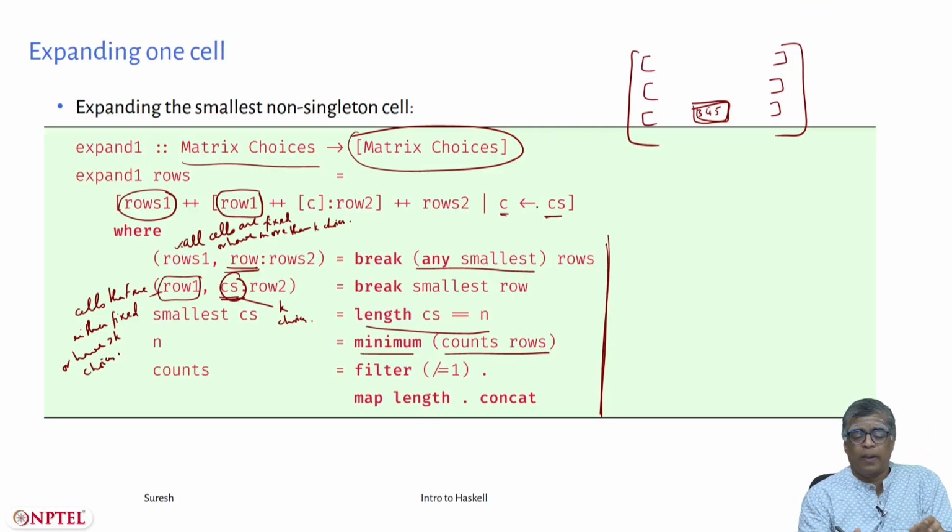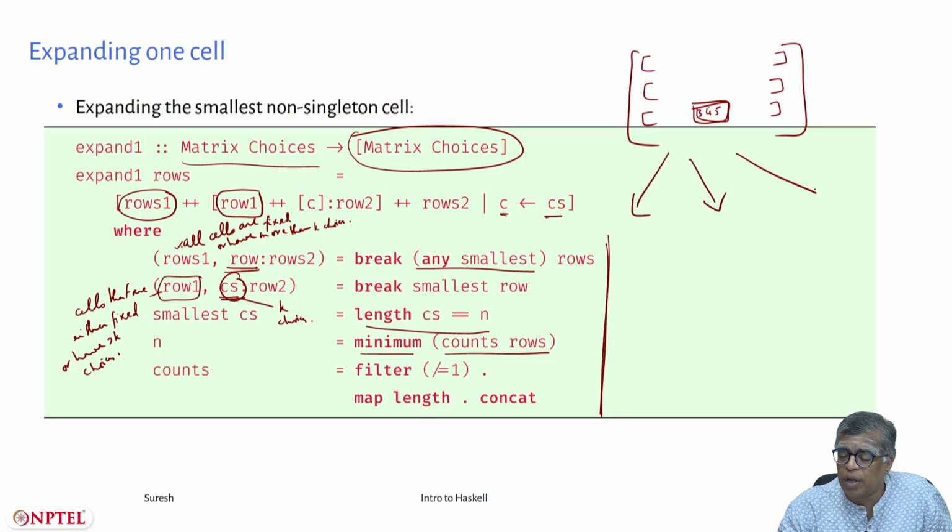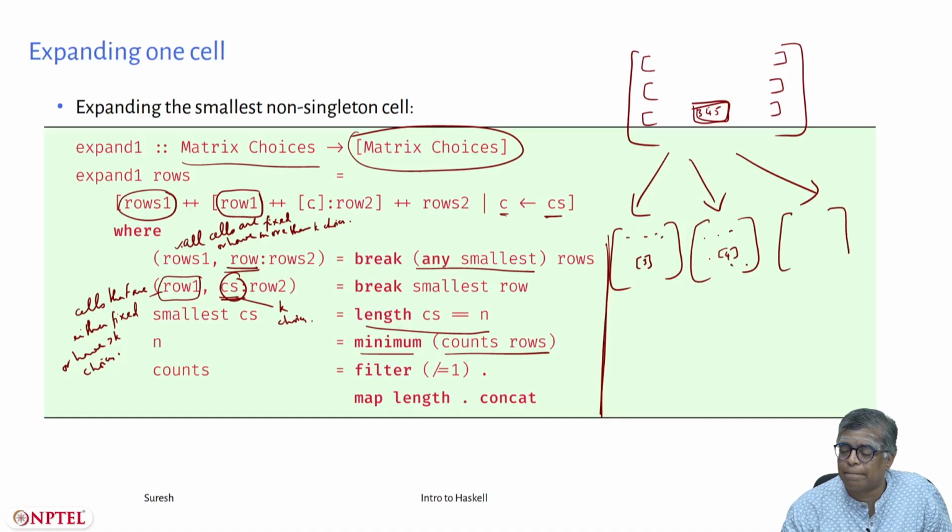And this is a list. So if I had 3, 4, 5, now I will have 3 matrices, where the rest of the things are the same. Here it will be 3, here it will be 4, and so on. So this is what I am doing.